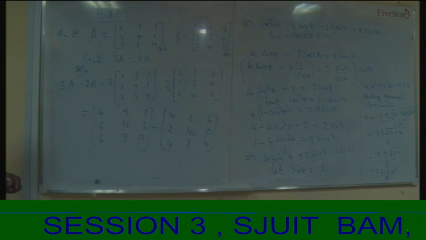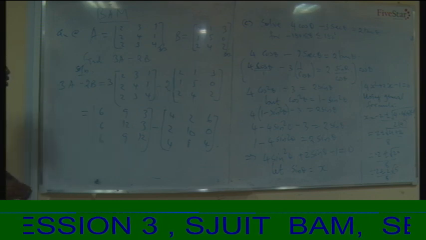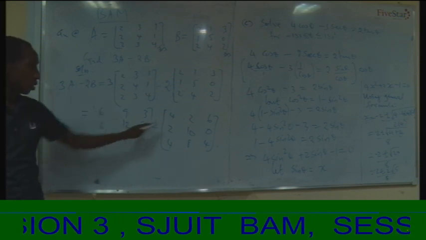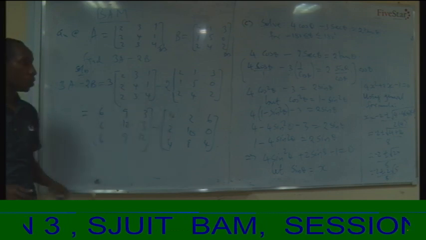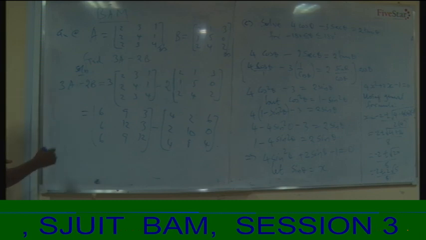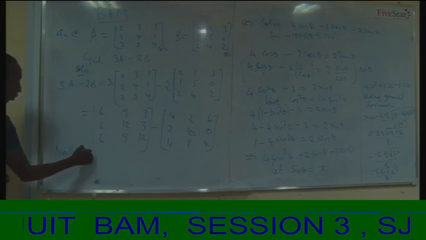Again, subtracting matrices is simple. We just subtract the corresponding entries, which means we subtract the first entry of the second matrix from the first entry of the first matrix. You can just write a note on how to subtract matrices here.